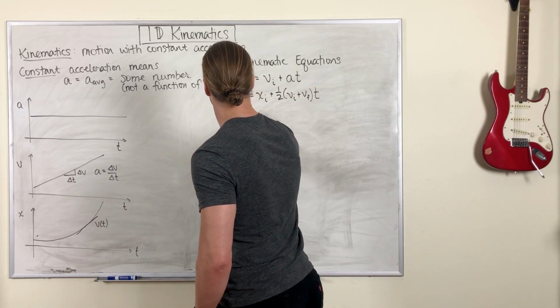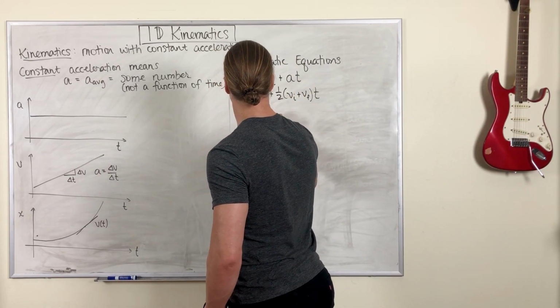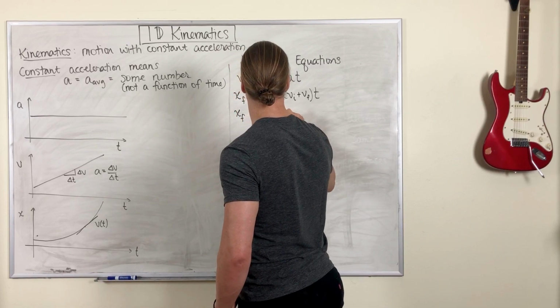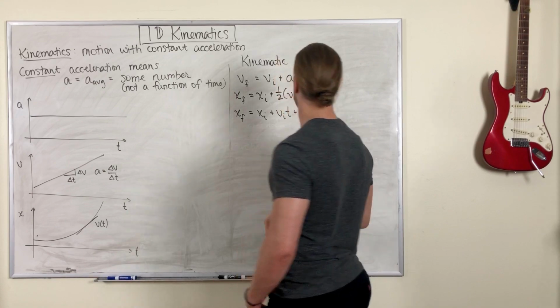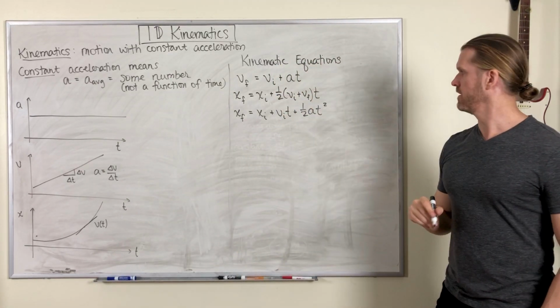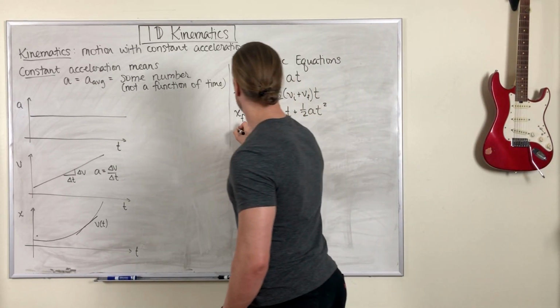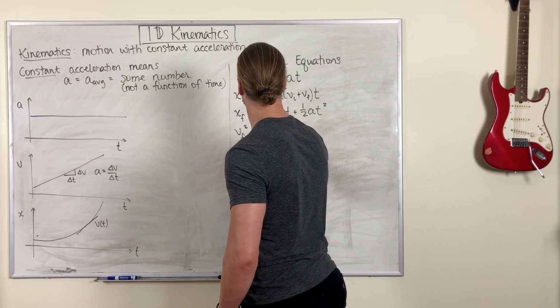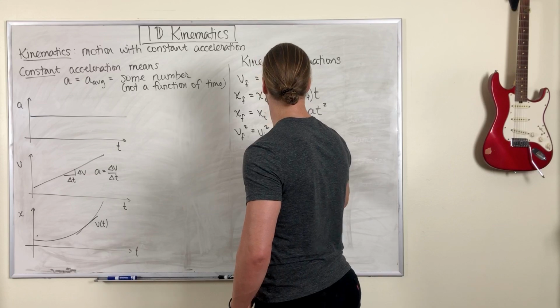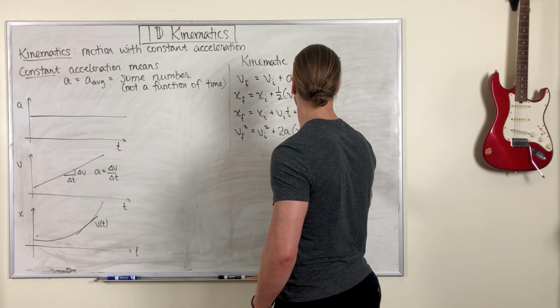Third one, x final equals x initial plus v initial t plus 1/2 a t squared. And last one, v final squared equals v initial squared plus 2a (x final minus x initial).